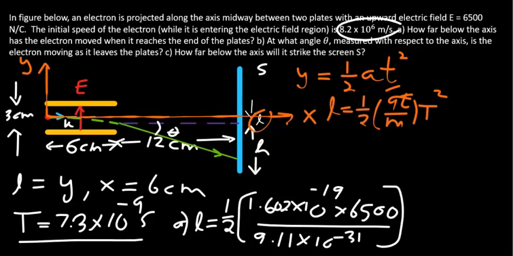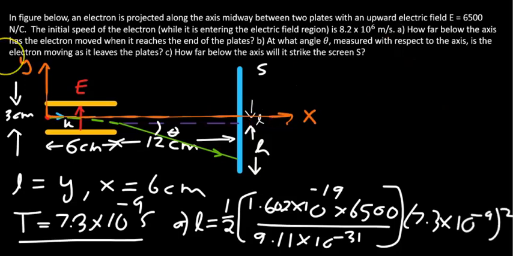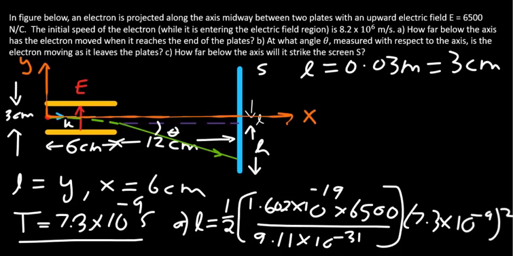And capital T is 7.3 times 10 to the power minus 9, squared. Doing the calculation, you get the following answer for that falling distance L, 0.03 meter or 3 centimeters. So that is the answer for part A.